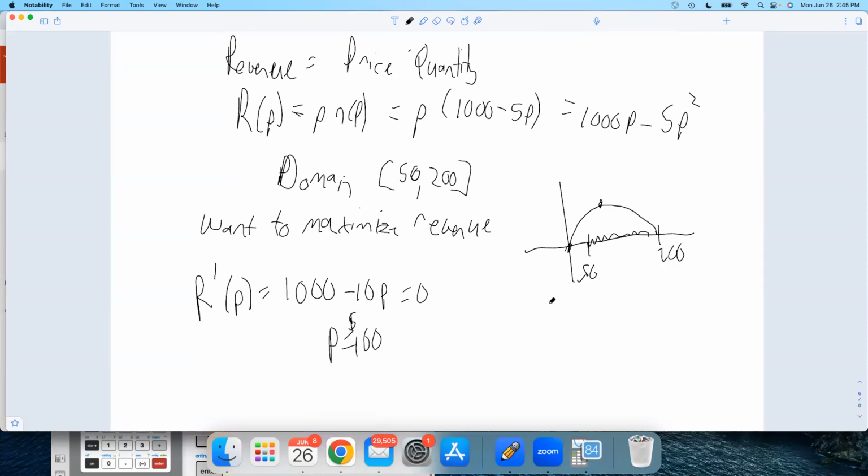I don't even have to check them because I know what the graph looks like, because I know this is a quadratic and the maximum value of an upside down quadratic is going to occur at the vertex, and that vertex is in my interval. So they should charge $100.